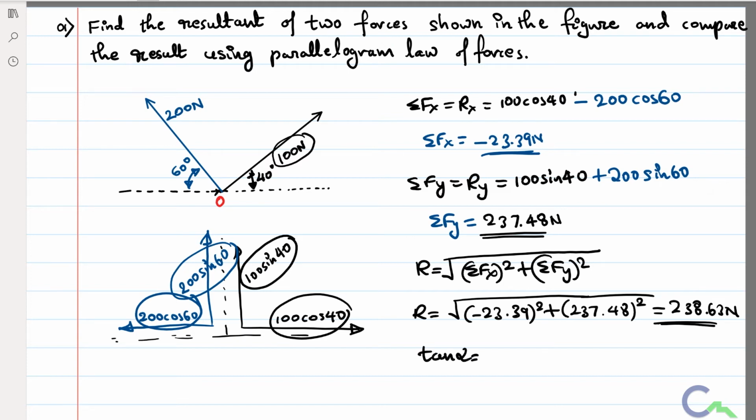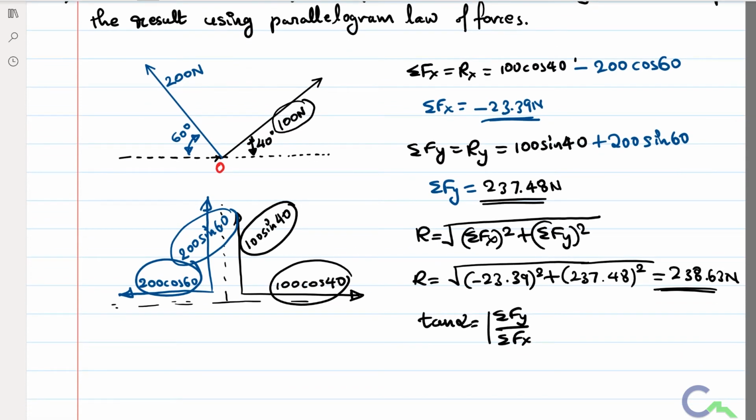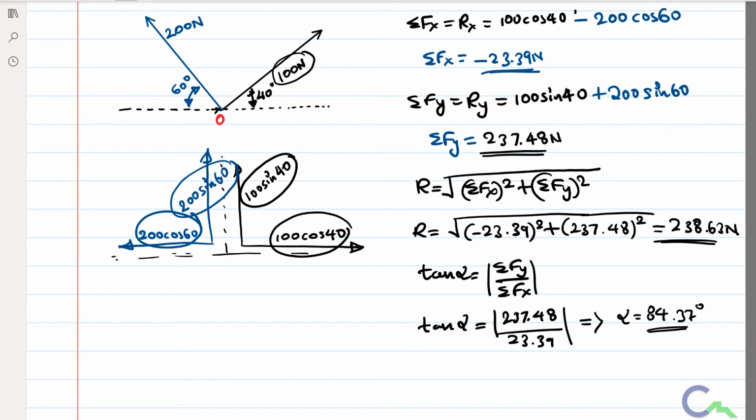Tan alpha is equal to sigma Fy divided by sigma Fx, that is the modulus. So tan alpha, that is the angle of the resultant, is sigma Fy 237.48 divided by 23.39, we will get 84.37. Alpha is equal to 84.37 degrees.